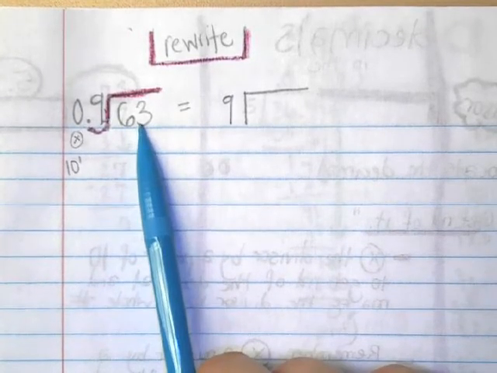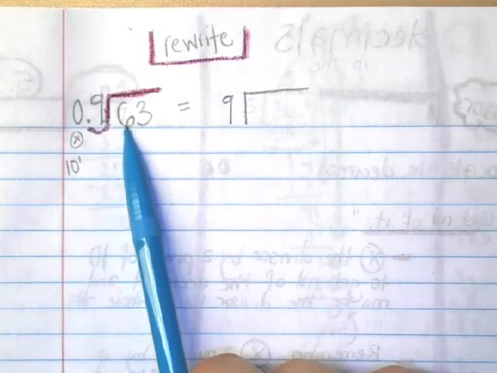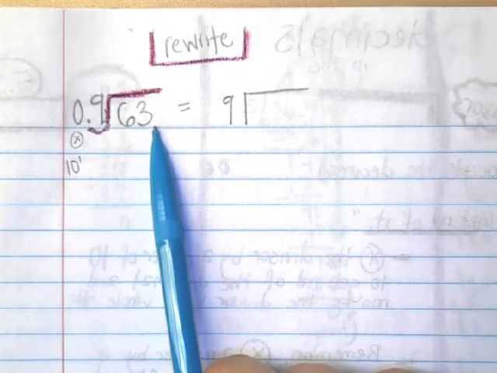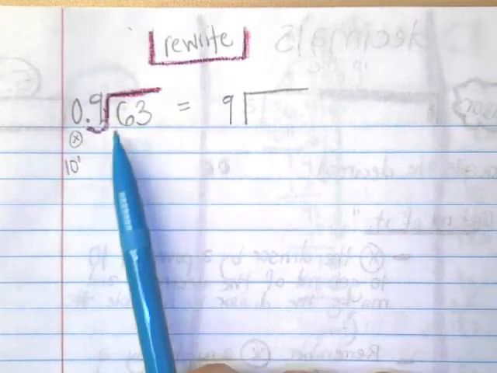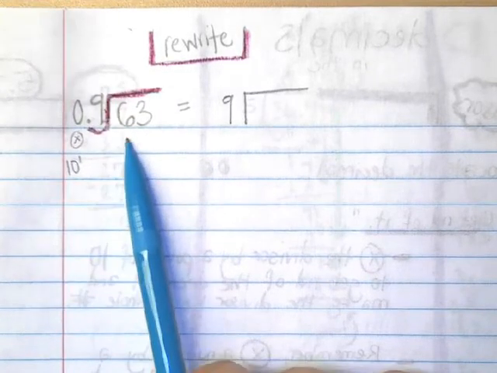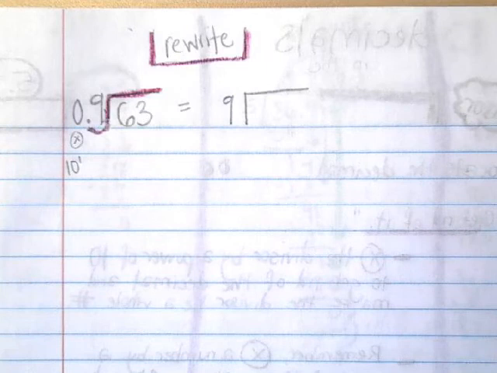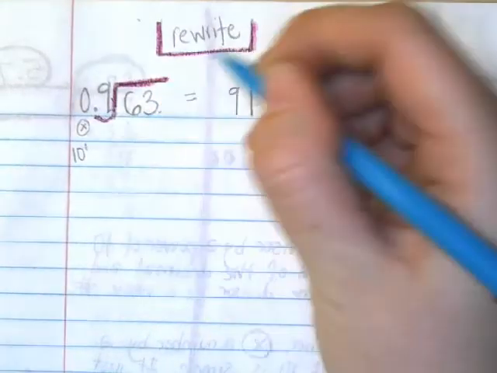So if I times this by 10 to the first, I have to times 63 by 10 to the first. Well, there's no decimal in 63, so where is it at right now? It's at the end. So I have to add zeros in order to move it. What is 10 to the first? It's 10.